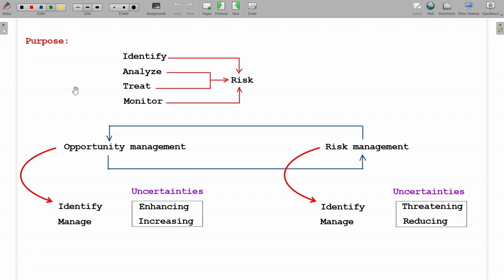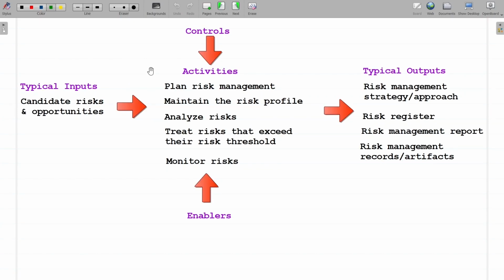It can be applied to risks related to the acquisition, development, maintenance, or operation of a system. When using this process for opportunity management, the above statement with the term opportunity substituted for the term risk is also true. Inputs and outputs for the risk management process are listed in this slide.